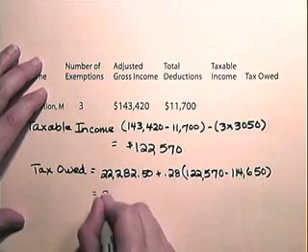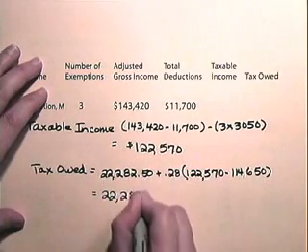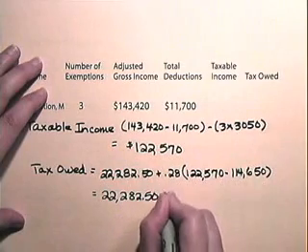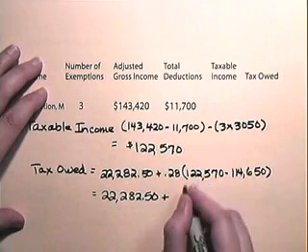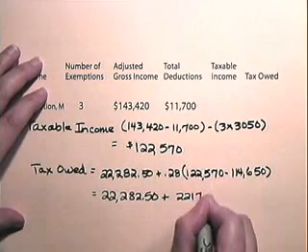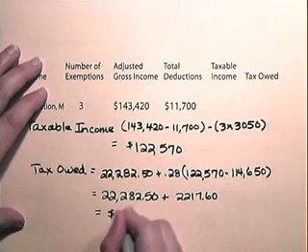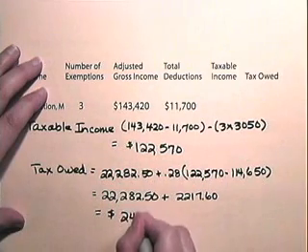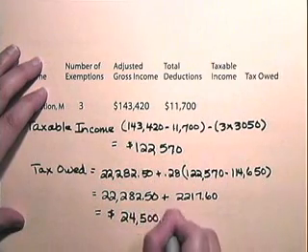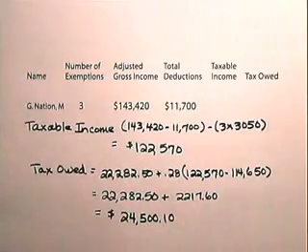So we obtain $22,282.50 plus this value is $2,217.60. So the tax he owes for the year is $24,500.10. Now let's determine whether we have a balance due or a refund due from the Internal Revenue Service.